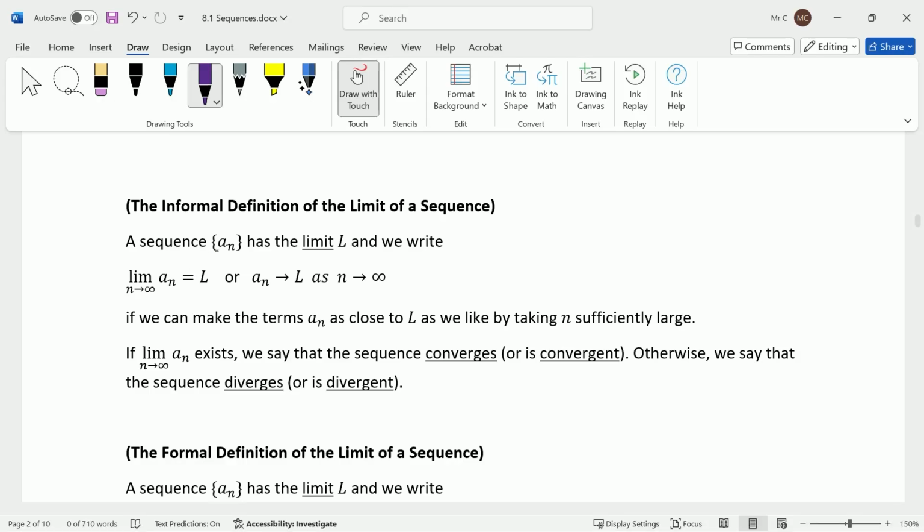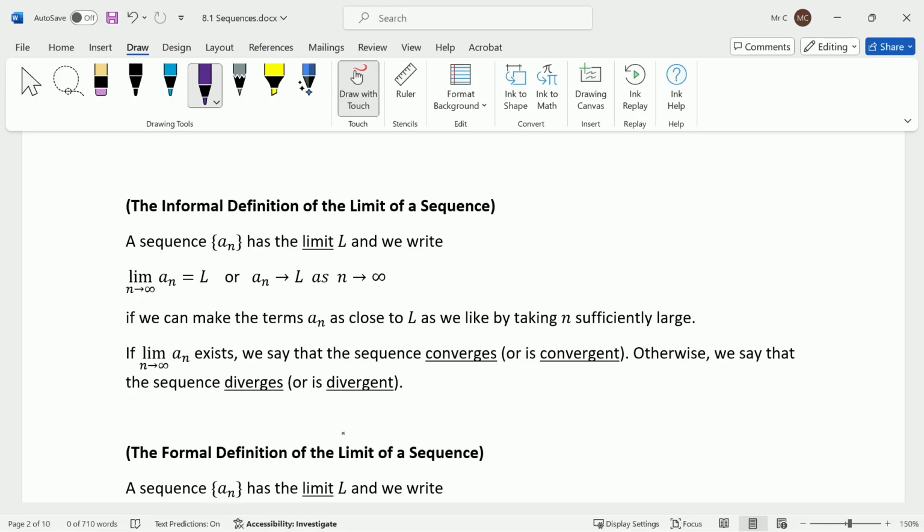We say that a sequence a sub n has the limit L, and we write the limit as n goes to infinity of a sub n equals L, or a sub n approaches L as n goes to infinity, if we can make the terms a sub n as close to L as we like by taking a sufficiently large value for n. If the limit as n goes to infinity of a sub n exists, we say that the sequence converges or is convergent. Otherwise, we say that the sequence diverges or is divergent.